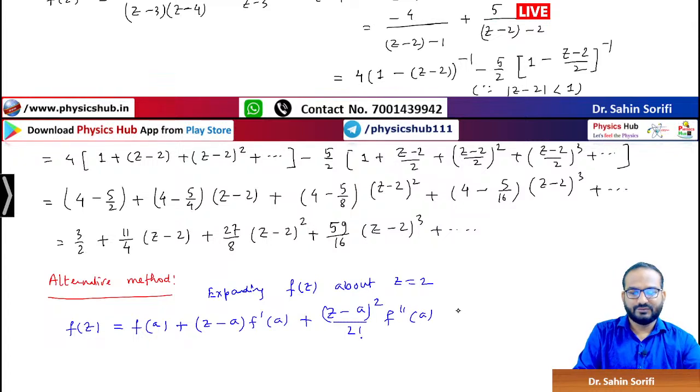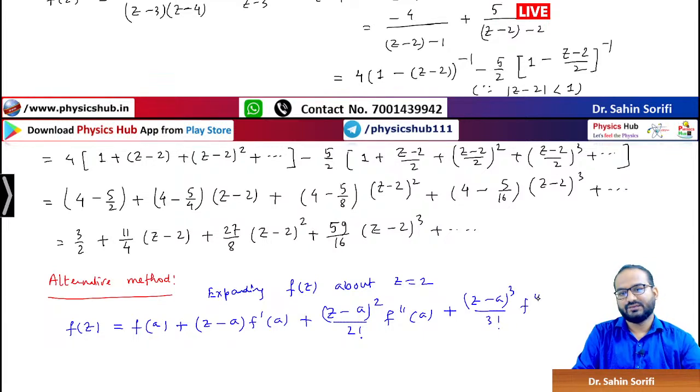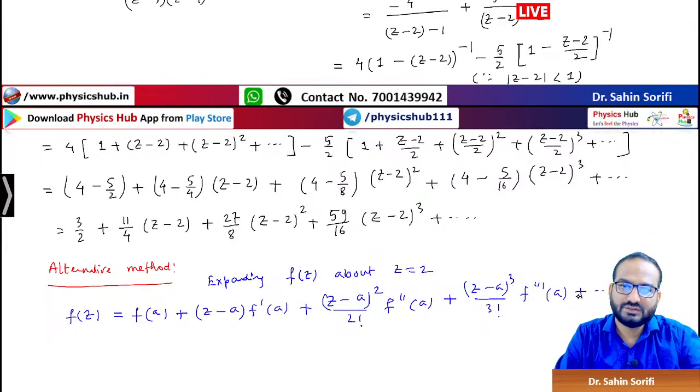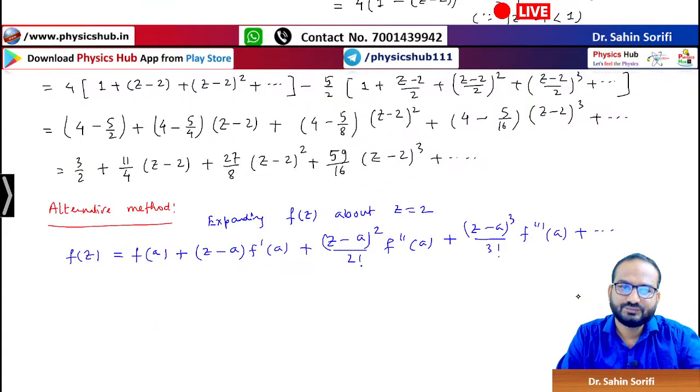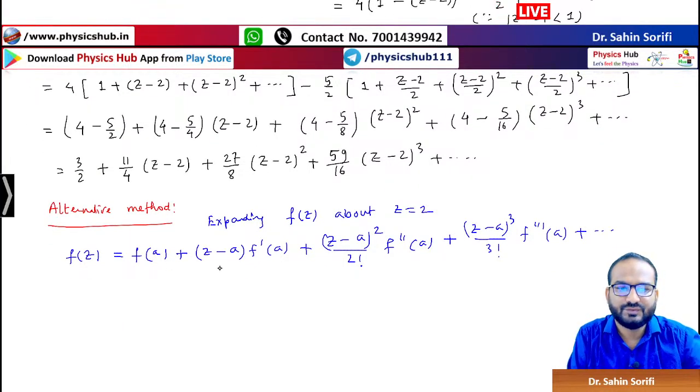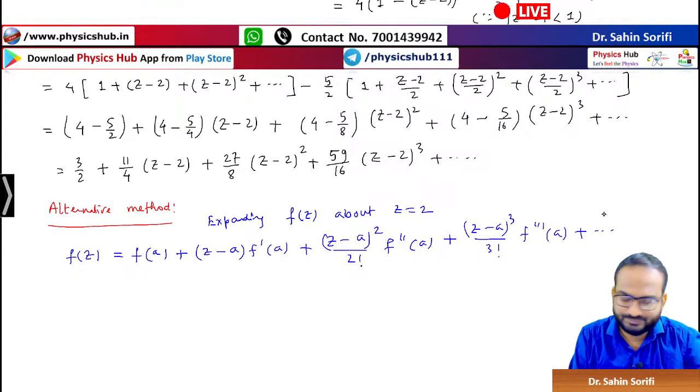Do you remember this formula? (z minus a) whole cube by 3 factorial f triple prime a and so on. So just evaluate the values. What you need to find out? You need to find out f of 2, f prime of 2, f double prime of 2, f triple prime of 2. Do it quickly.